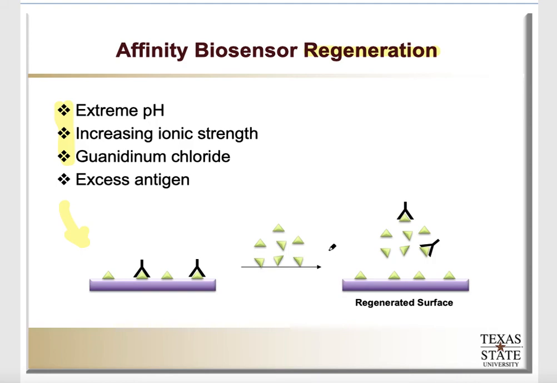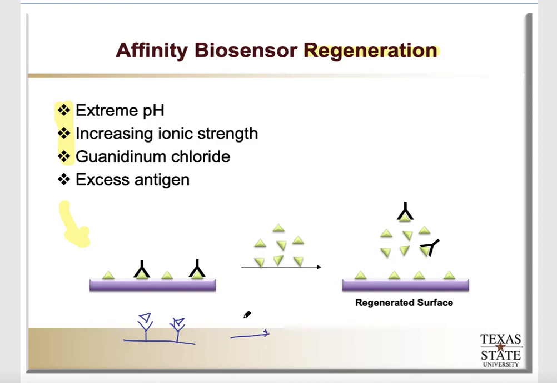You can use the same kind of idea. Let's say that we had a particular surface that was modified with antibodies, and let's say that those antibodies have now bound our antigen or our target molecule here and here. And then if I want to regenerate the sensor, one thing that I can do is to add more of those antigens.